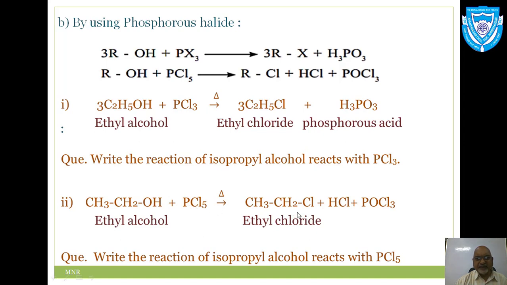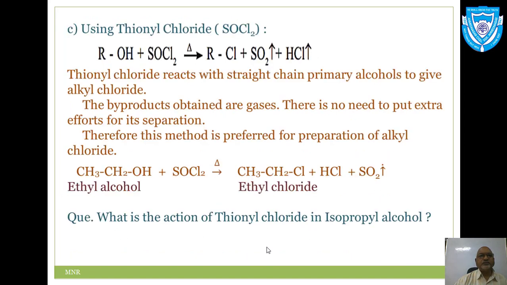Of the remaining 4 Cl, 1 Cl is gone, so 2 Cl are gone, and 3 Cl are here, so that's why POCl3. This is POCl3. So you get ethyl chloride plus HCl plus POCl3. So for practice, what will be the action of phosphorus pentachloride PCl5 on isopropyl alcohol? Try this reaction at home.